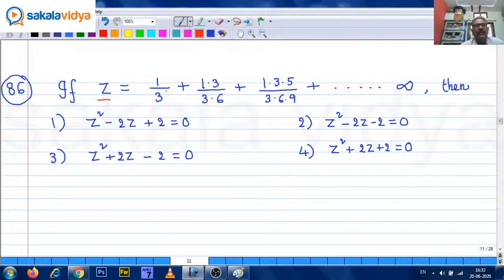z equals 1 upon 3 plus 1 times 3 upon 3 times 6 plus 1 times 3 times 5 upon 3 times 6 times 9 plus, and so on to infinity.